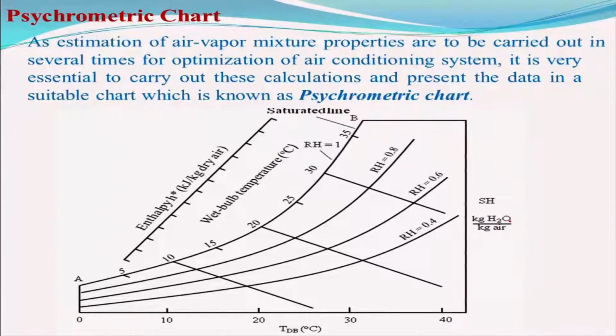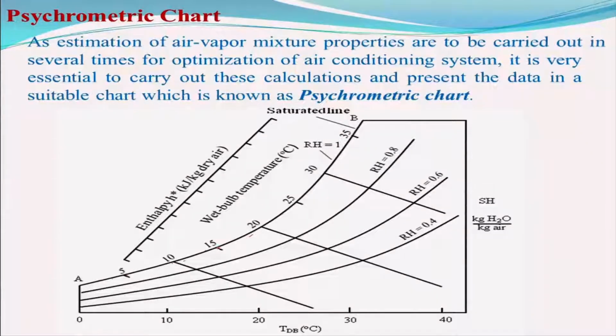And this curved line gives me the wet bulb temperature, which also corresponds to RH equal to 1, that is the relative humidity.